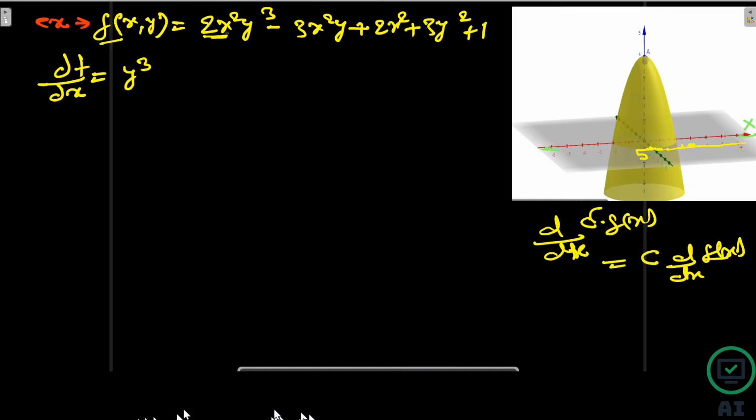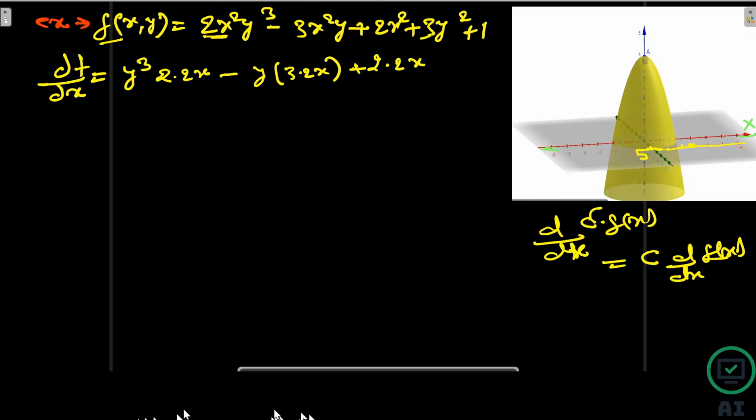If you differentiate it, what will happen? This is x to the power n, so this is nothing but 2 into 2x. Then minus, here also y comes out and this will be 3 into 2x. Here 2 into 2x.